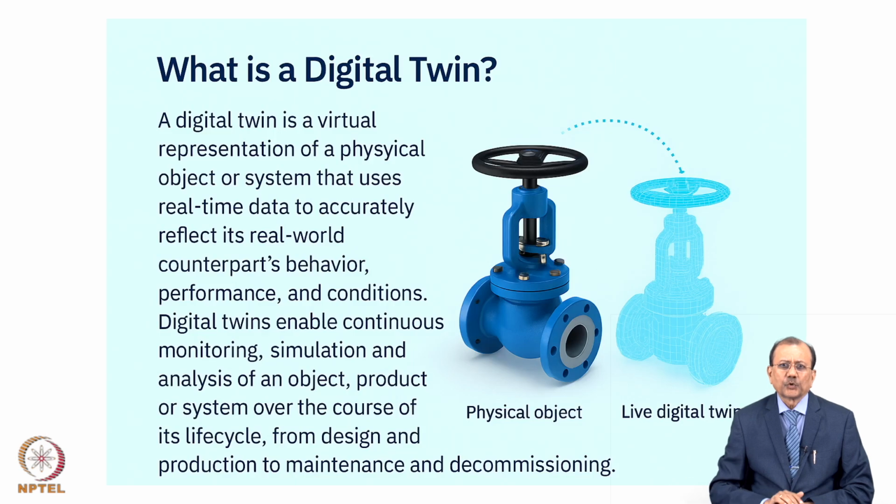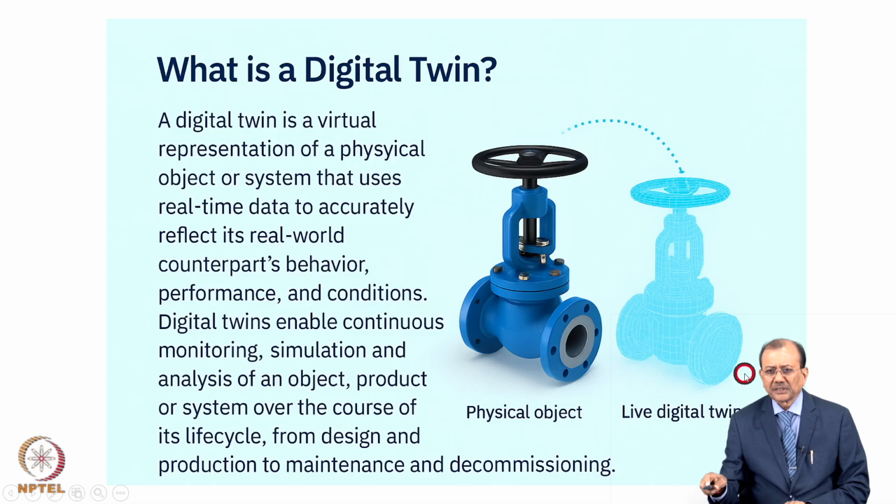What is a digital twin? You are seeing here two pictures. One is a picture of a physical object, and another is a picture of a replica of this physical object in a computer system. Though I have made the shape similar, it doesn't mean that in the computer system it will be the same shape.